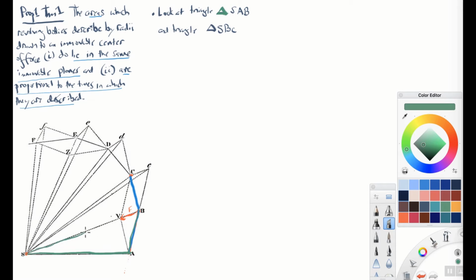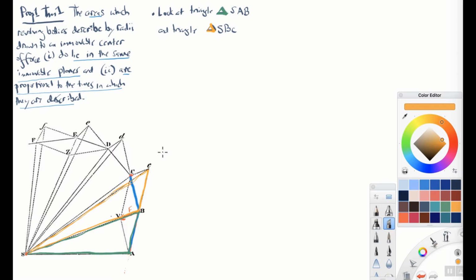So we're going to focus on this triangle, and also let's do this one in yellow, triangle SB little c. So that is going to be this one right here. Okay, so let's focus on these two triangles. Just a little bit darker so we can see it.